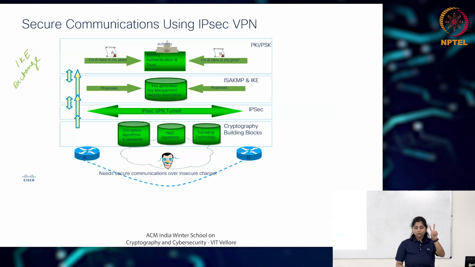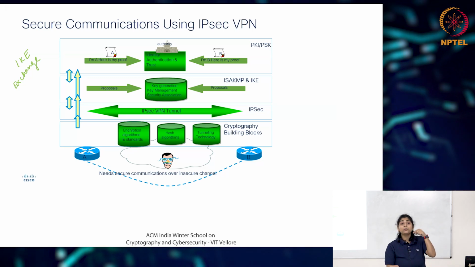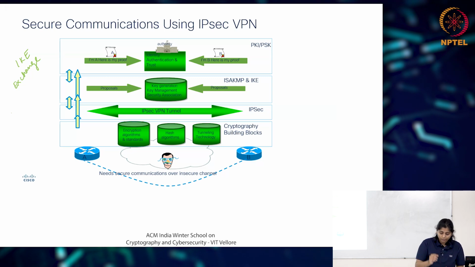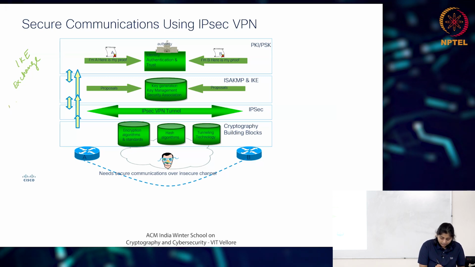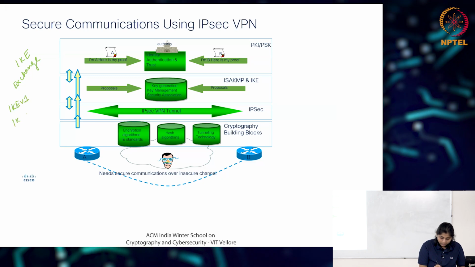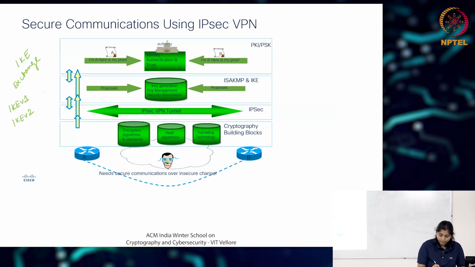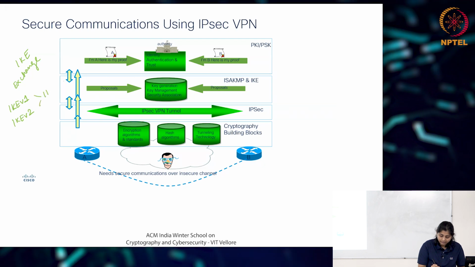So, there are two versions. Now, the popular one that has become is version 2, but we write it like this, IKE version 1 and IKE version 2. Both of these obviously use IPsec.